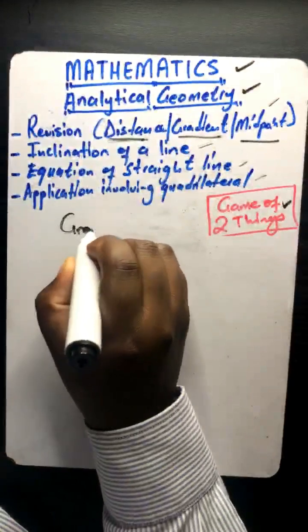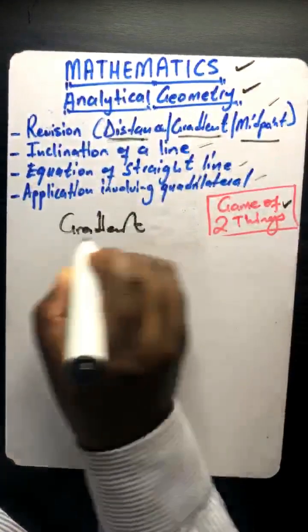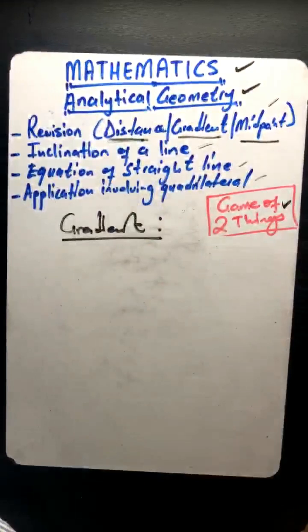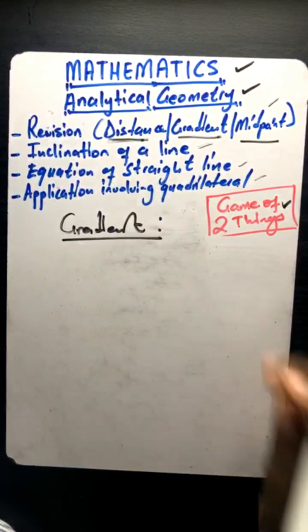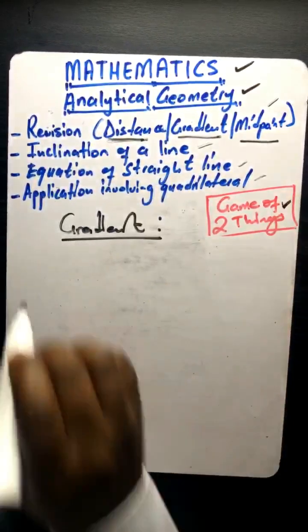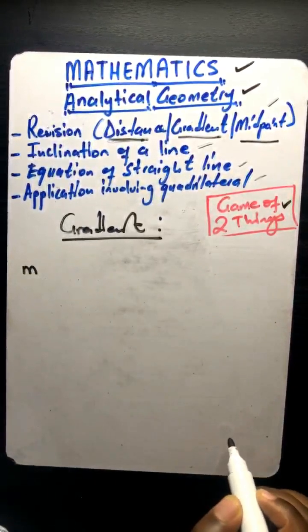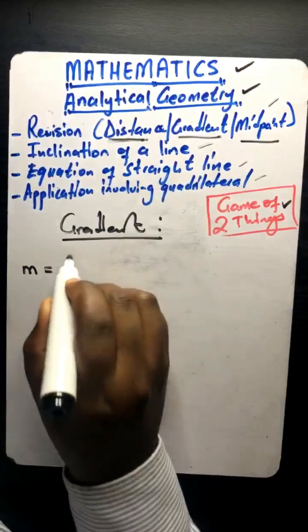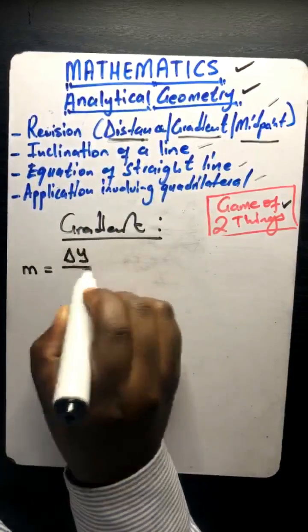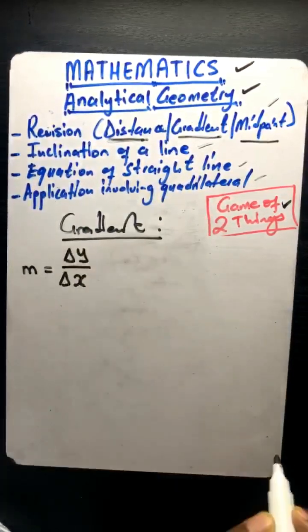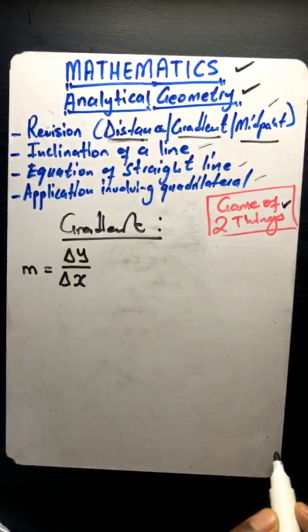So when it comes to the gradient, remember, analytical geometry, a game of two things. So we have a small letter m representing the gradient, which equals change in y over change in x. What does change mean?